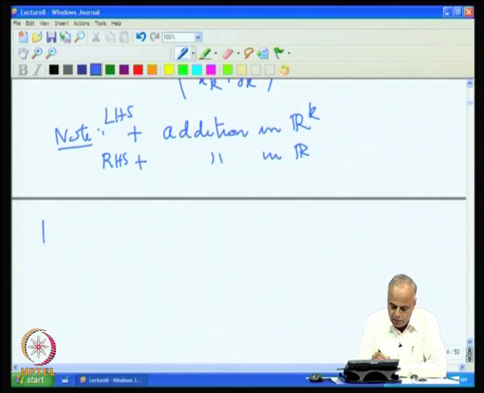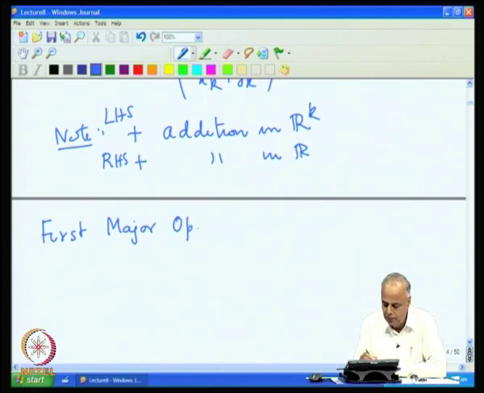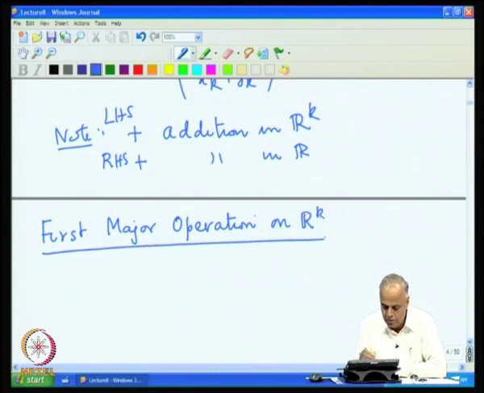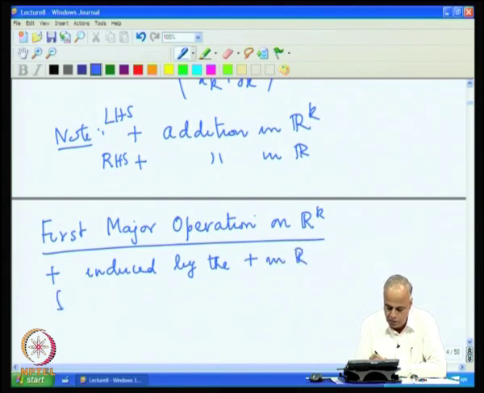So, the first major operation on R^k we have is plus, which is induced by the plus in R, and this plus which has been induced we call addition in R^k.